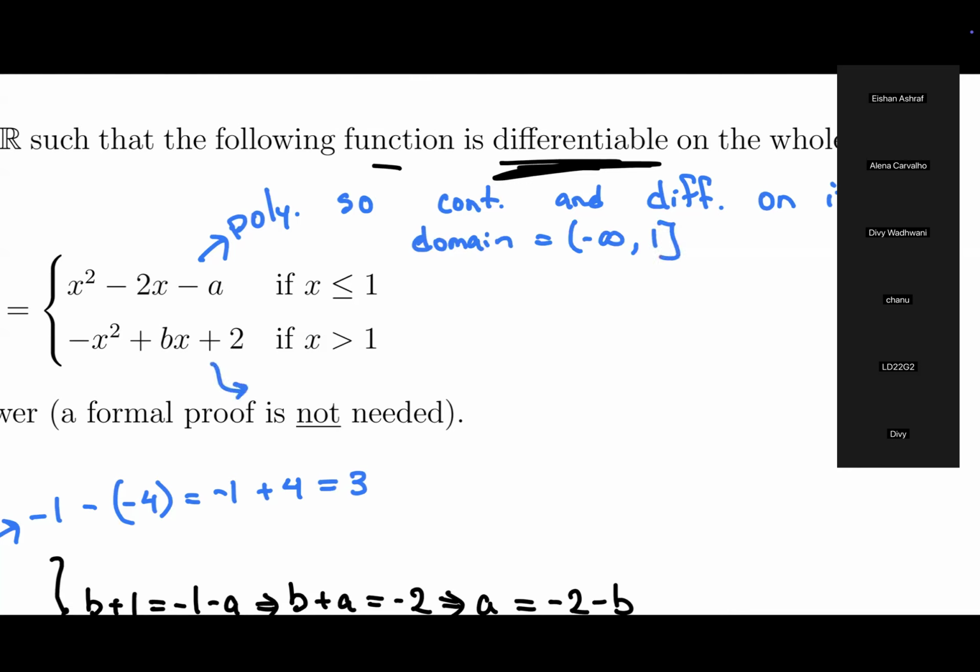And similarly, because this is also a polynomial function, it's continuous and differentiable on its own domain, which is 1 to positive infinity.